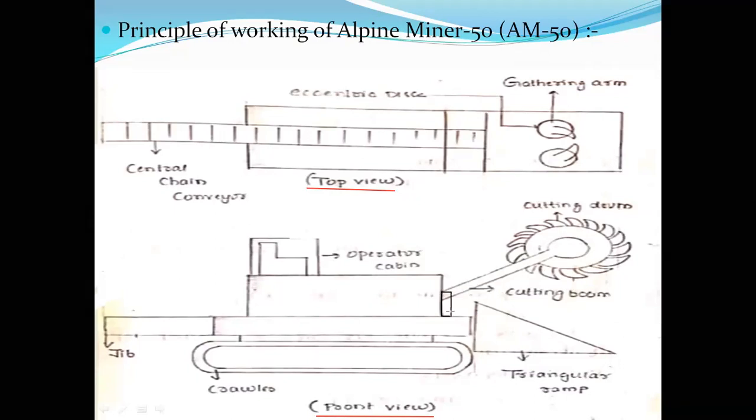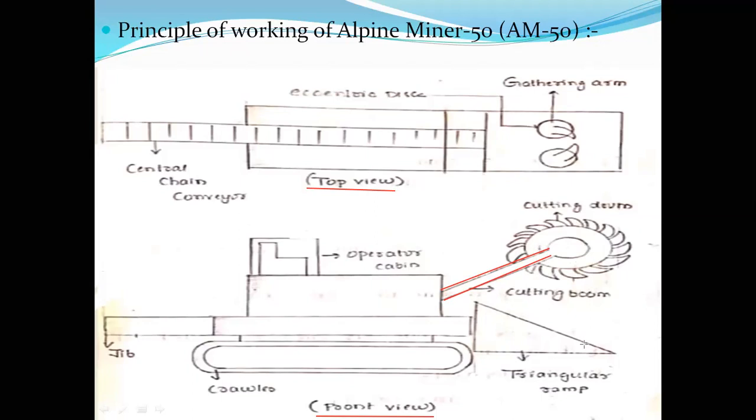This is known as the cutting boom, the part to which the cutting drum is attached. The cutting drum has cutting tools, and it can be lowered or raised and moved in the sideward direction. So this drum can be moved.